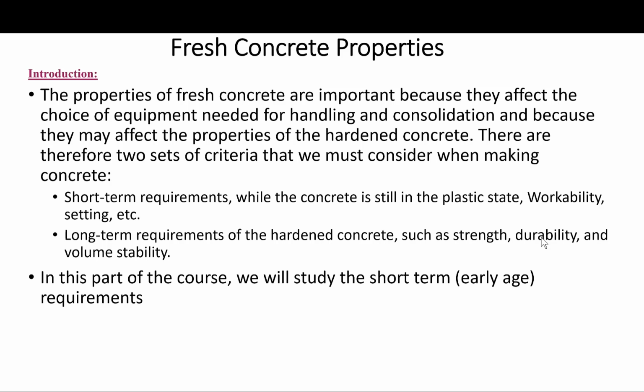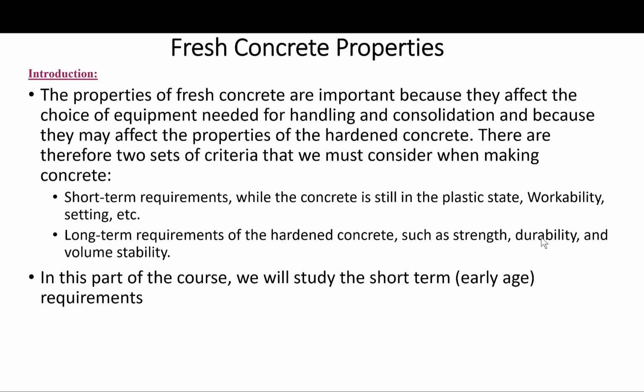So there are two sets of criteria that we must consider when making concrete. First, short-term requirements while the concrete is still in the plastic state, which are generally lumped under the term workability.